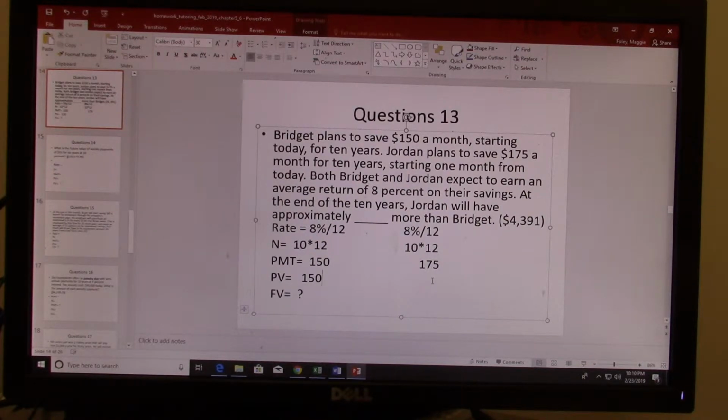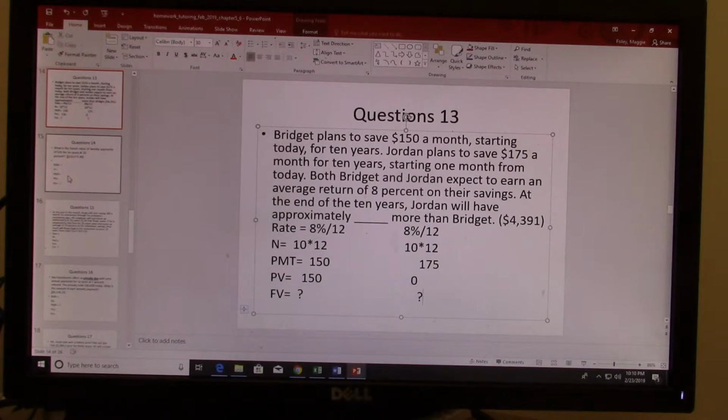And present value, when Jordan opens the account, there's no money in it, so it's 0 here. So it's also asking for future value. Okay, so if you use the future value function and you compare the future value of the two people, you will get $4,391.